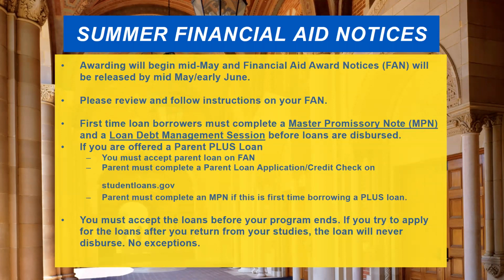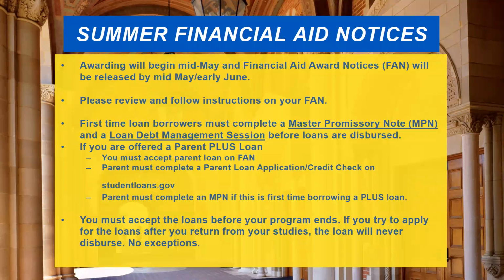If they have never taken out a Parent Plus loan before, then in addition to doing that Parent Plus loan application, they will also have to complete a master promissory note at that same site. If this is not their first Plus loan, and they've taken them out before, then they don't have to worry about doing the master promissory note again.